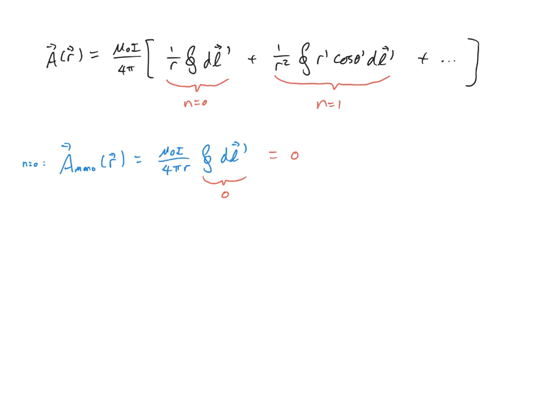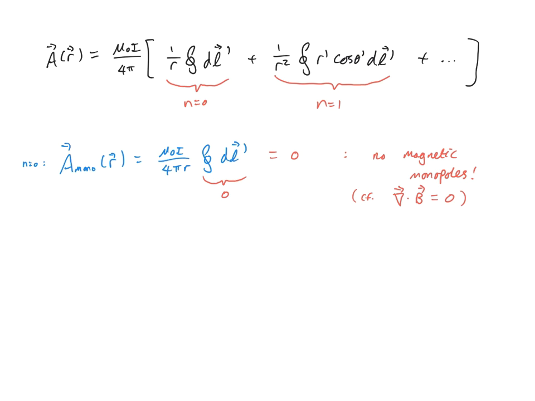There's no such thing for the magnetic side of the theory. So this is very interesting already. And you'd learn something similar from Maxwell's equations, that the divergence of the magnetic field is equal to 0.